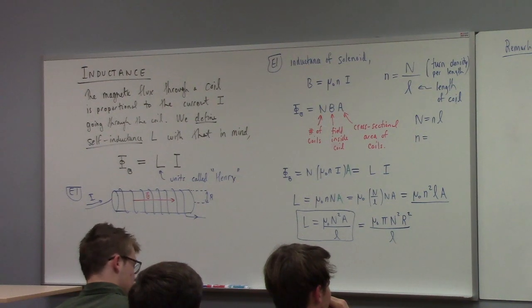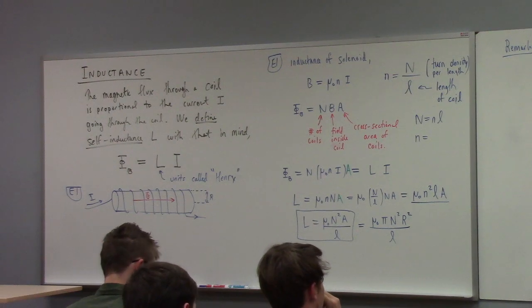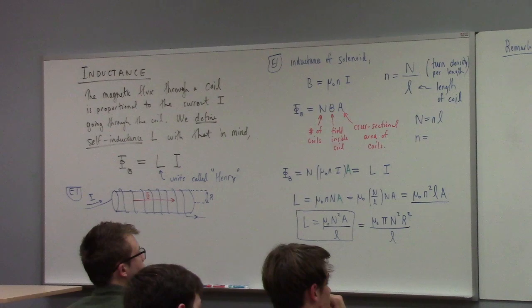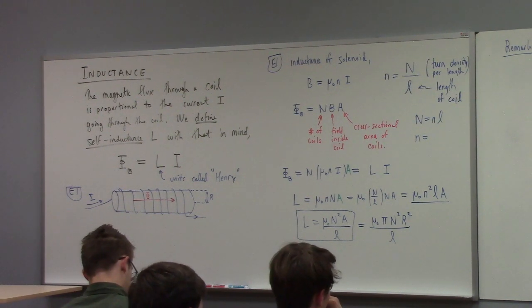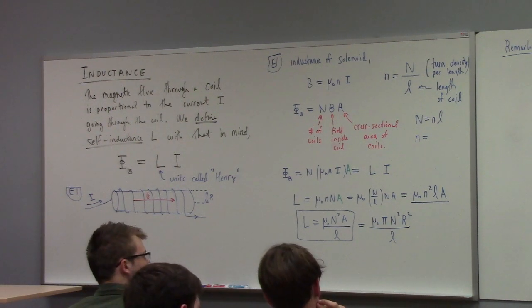So, in terms of unit analysis, how's that work? Maybe that's one thing to think about, but what about this one? Phi B equals L i.